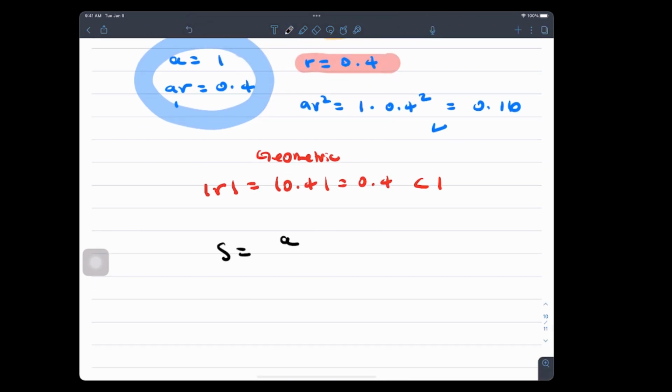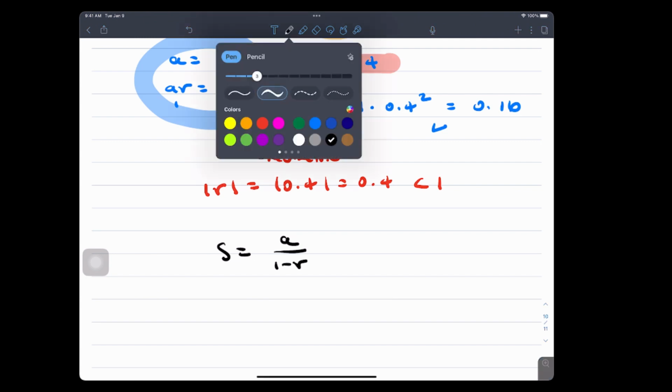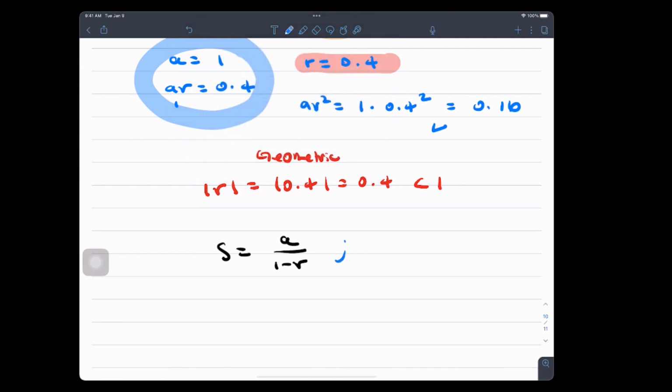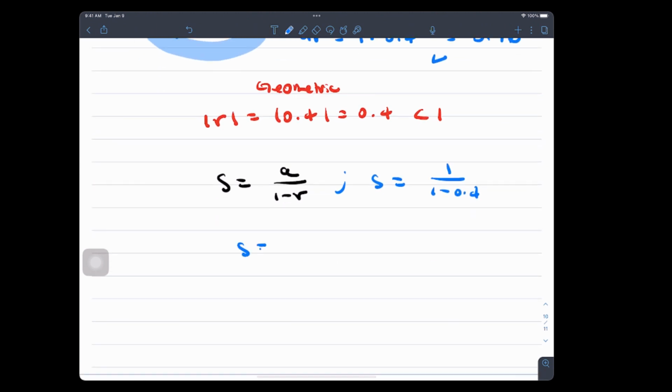Since this is geometric and it converges, what does it converge to? Well, we have to have A over 1 minus R, right? So we plug in the values. A is 1, and then 1 minus 0.4. That's what our sum's going to be. So it's 1 over 0.6, which is 1 over 6/10, which is going to be 10 over 6.